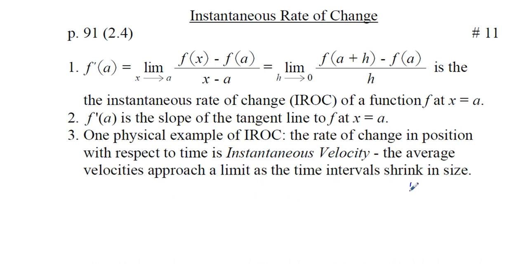And so it's back to our roller coaster analogy. If you have a roller coaster here, at a point, the slope of that tangent line is the instantaneous rate of change.